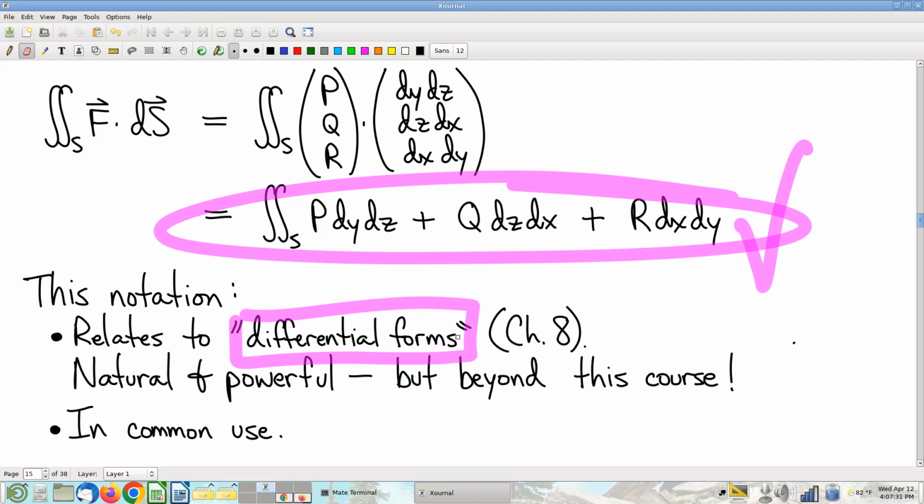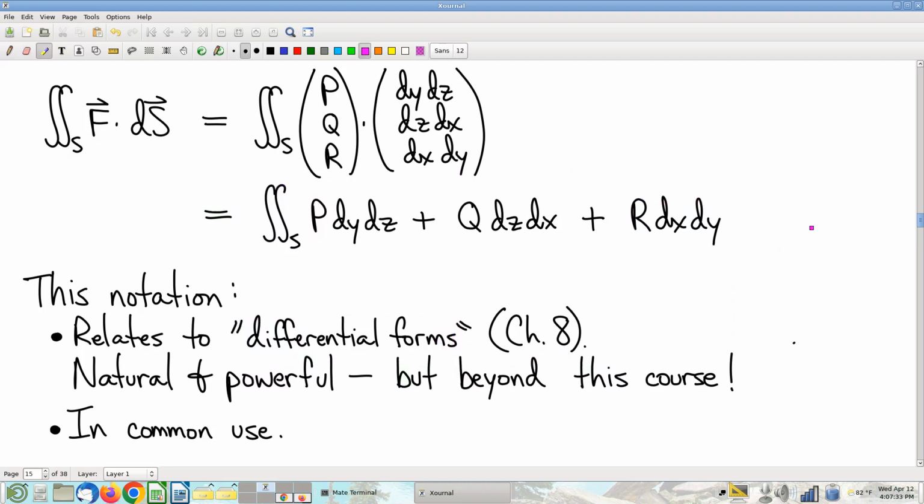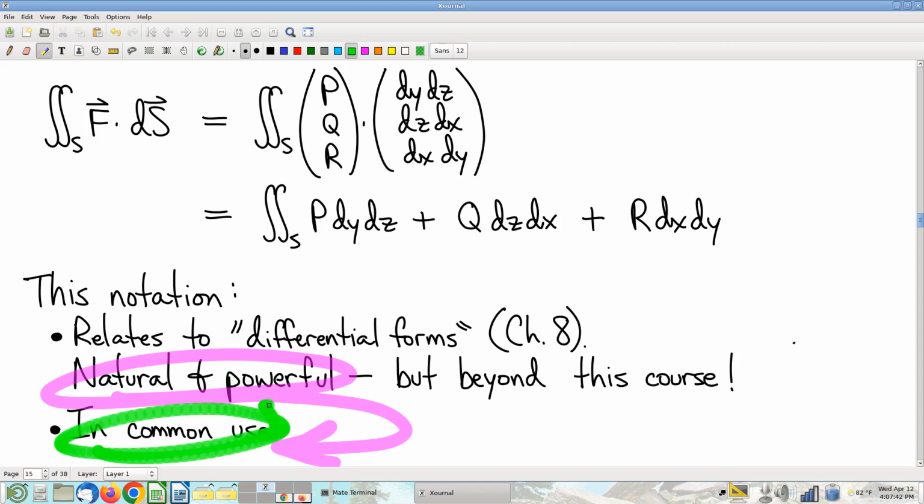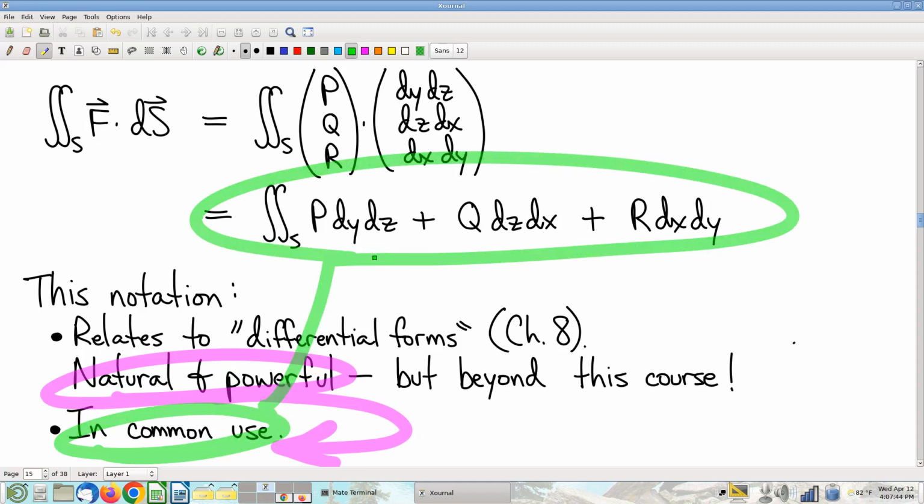So that's one reason. The other reason, because they are natural and powerful, the reality is that this notation is in common use. There are people out there teaching engineering and physics classes who totally dig differential forms.